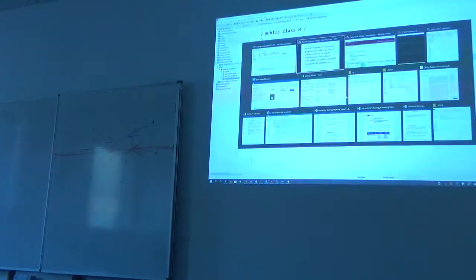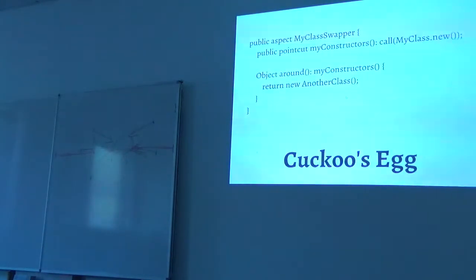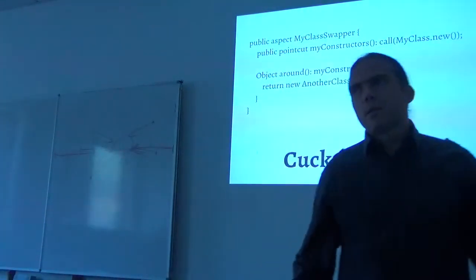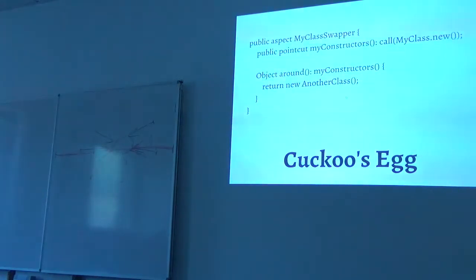And what we did is something like this. It's called cuckoo's egg, because cuckoos are the kind of birds that put their eggs into the nests of other birds. And then those poor birds, which are typically much smaller than cuckoos, feed their youngsters.